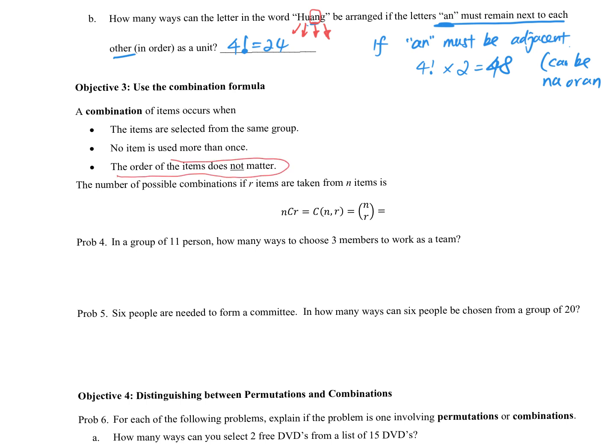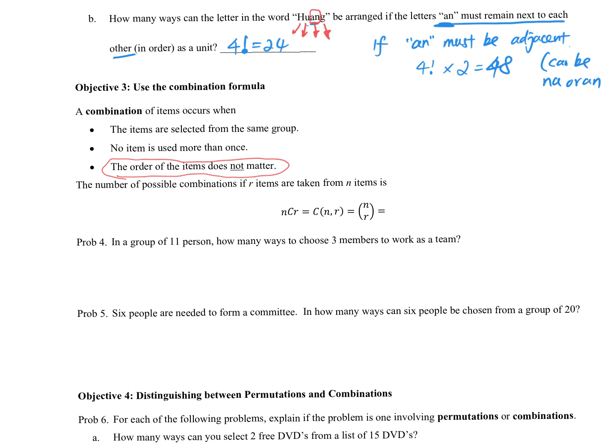The difference between permutation and combination is whether the order matters. Previously, we talked about selecting a committee, right? A being chair and B being secretary is different from B being chair and A being secretary. So that order matters. That would be permutation. For combination, the order doesn't matter.